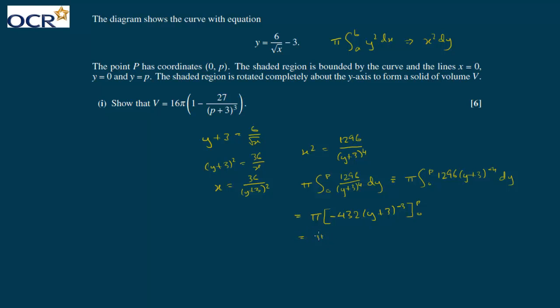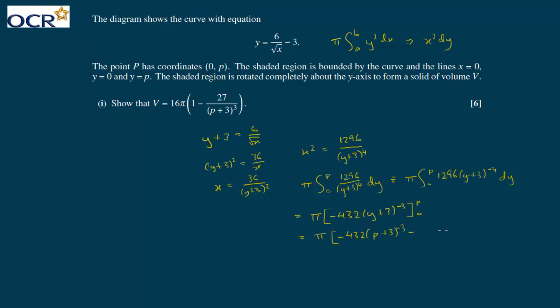So we can say that's equal to pi, and we can take out the values. I could take out this 432, but if we do that a bit later, it might be easier because of this minus 3 here. So minus 432 lots of p plus 3 to the minus 3. That's that bar, and then we need to subtract what this bit would be with 0 put into it.